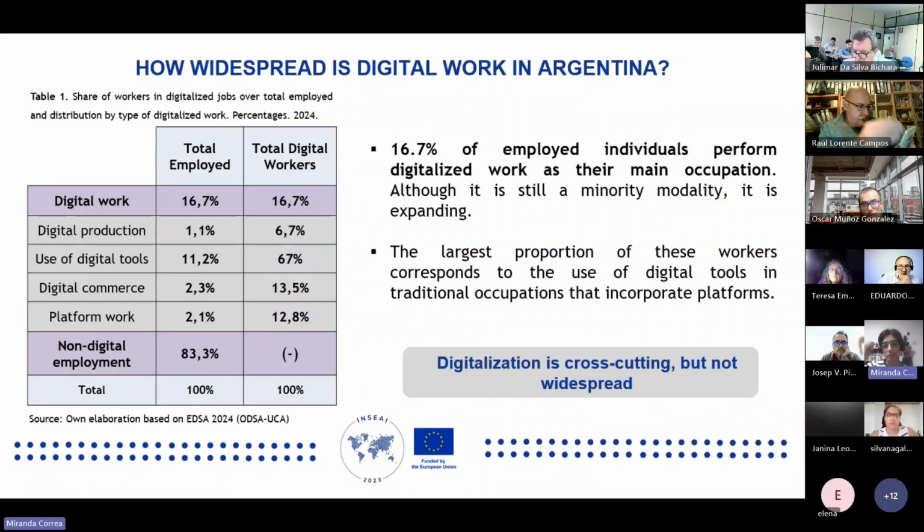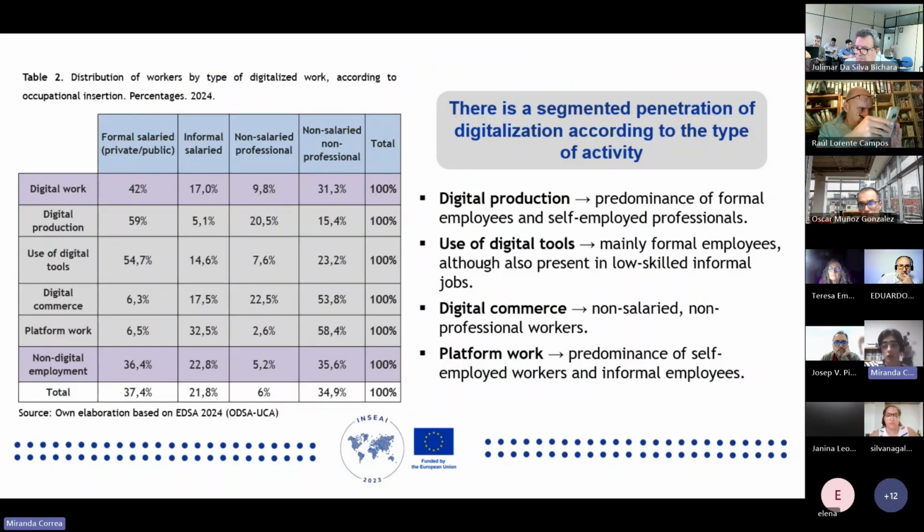Then when we break down digitalized work by occupational insertion, we see that the segmentation appears here. Digital production, such as software or IT services, is concentrated among formal employees and self-employed professionals. The use of digital tools is also mainly located in formal salaried work, though it spills over into lower-skilled informal jobs.